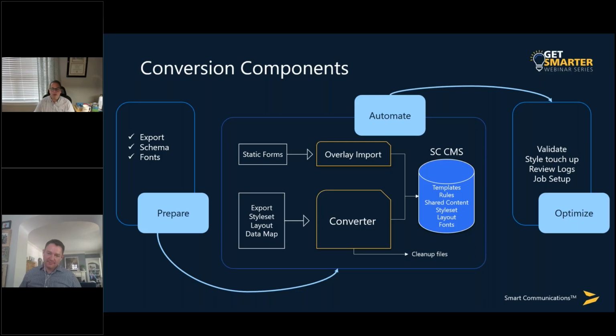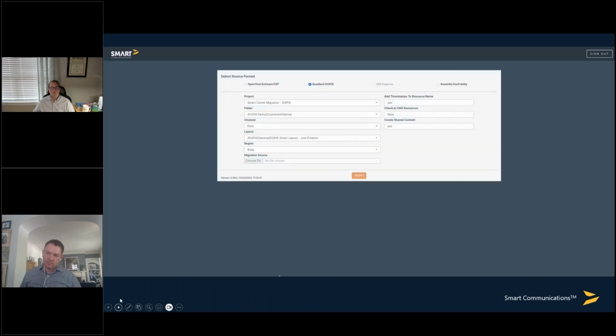With that cleanup process, there are files provided to point the author to the right place to clean up those templates. At the end, there's an optimization process where they validate, touch up their styles, and create their job setups or batches so they can create an end-to-end solution. So that's just a quick overview of how that automation happens. Let's take a look at how that looks in real life. So back over to you, Chris.